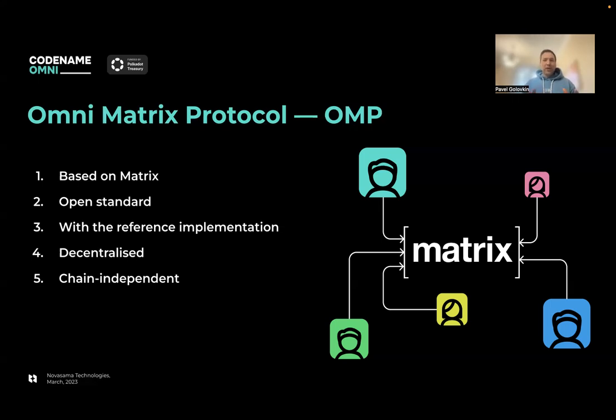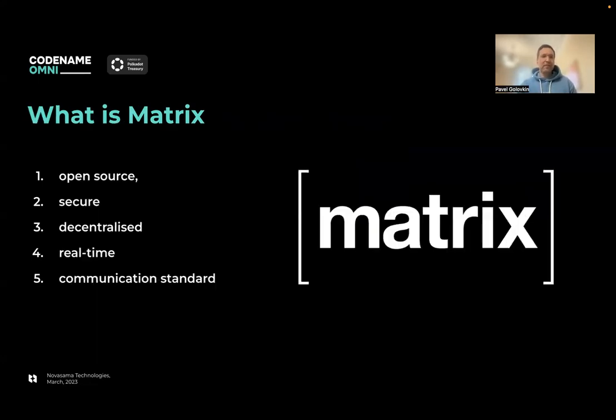And because we are using Matrix, it's decentralized, so anyone is able to run their own Matrix server. Enterprises can run a Matrix server, individuals can run a Matrix server and use it. And also it's chain independent because Matrix is another application, so it runs somewhere and doesn't know anything about the blockchains.